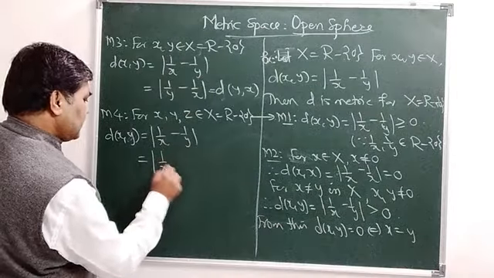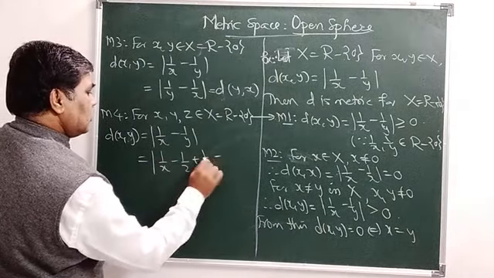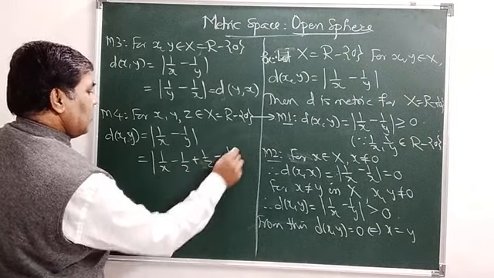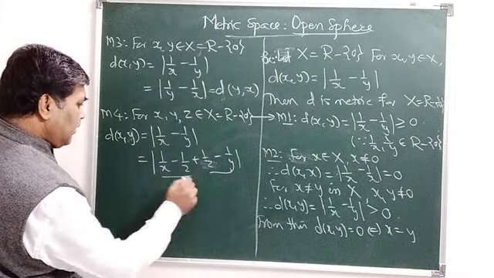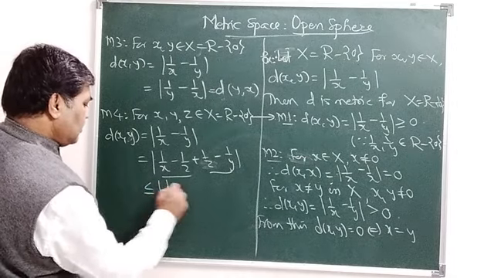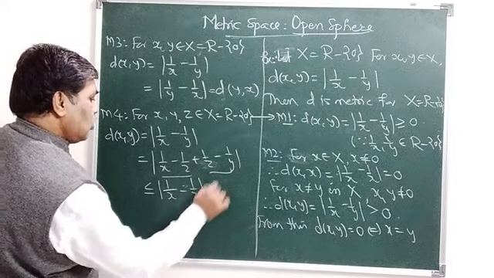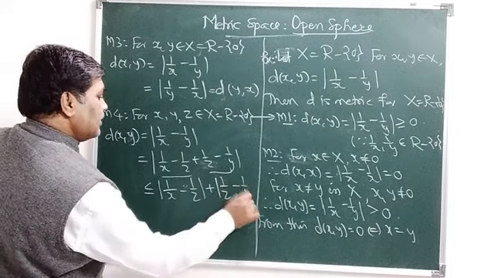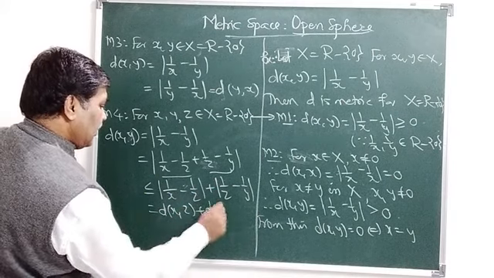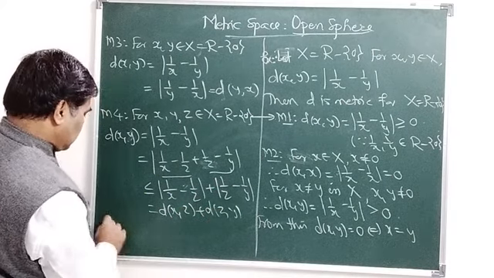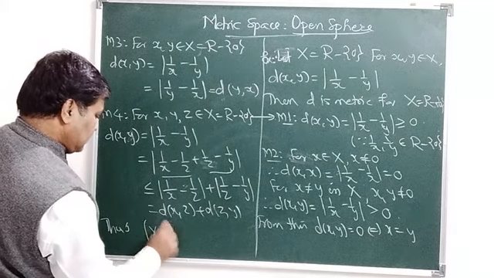So we get 1/x minus 1/z plus 1/z minus 1/y. Then mod of a plus b is less than or equal to mod a plus mod b, so this is less than or equal to mod of 1/x minus 1/z plus mod of 1/z minus 1/y, which is the same as d(x, z) plus d(z, y). So thus (X, d) is a metric space.